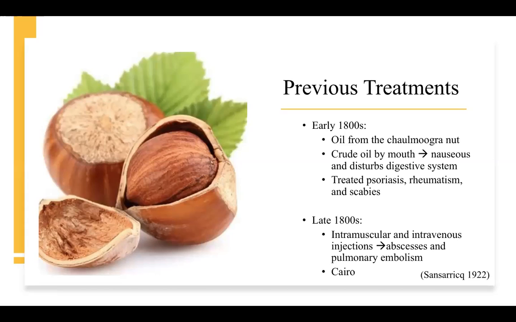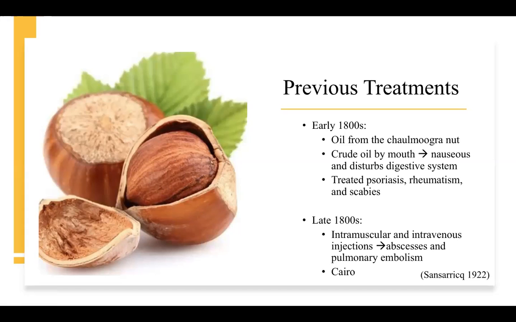So in the early 1800s, there was actually oil that doctors were extracting from the chaulmoogra nut. They were giving it to the patients orally, which was a terrible treatment method, and it was just painful. It would give them nausea and disturb their entire digestive system because the oil was irritating the lining of the stomach.